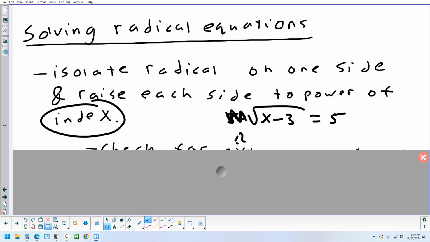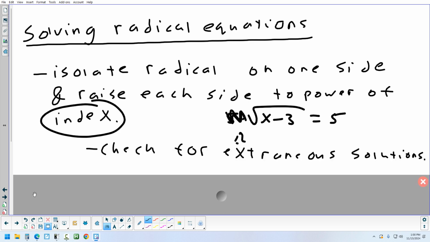If we were doing a cube root, the index is a what? A 3. So we would cube to get rid of a cube root. We always want to make sure we check our answer because it is possible that we get one that doesn't work. So always make sure we check our solution.